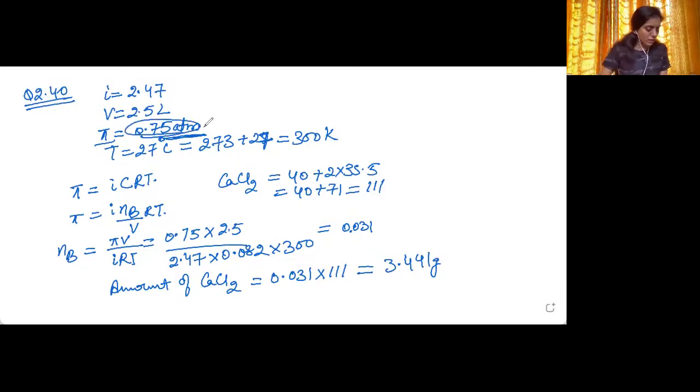All right. So let's now move into the last question of this chapter. Congratulations. We are at the finish line now. Question number 2.41. Determine the osmotic pressure of a solution. We need to find out pi, by dissolving 25 milligram of potassium sulfate.